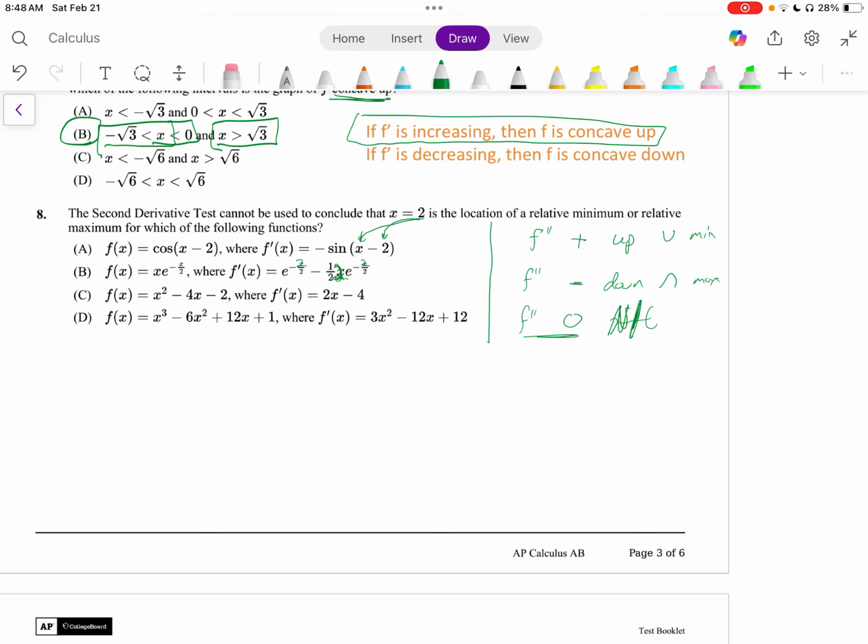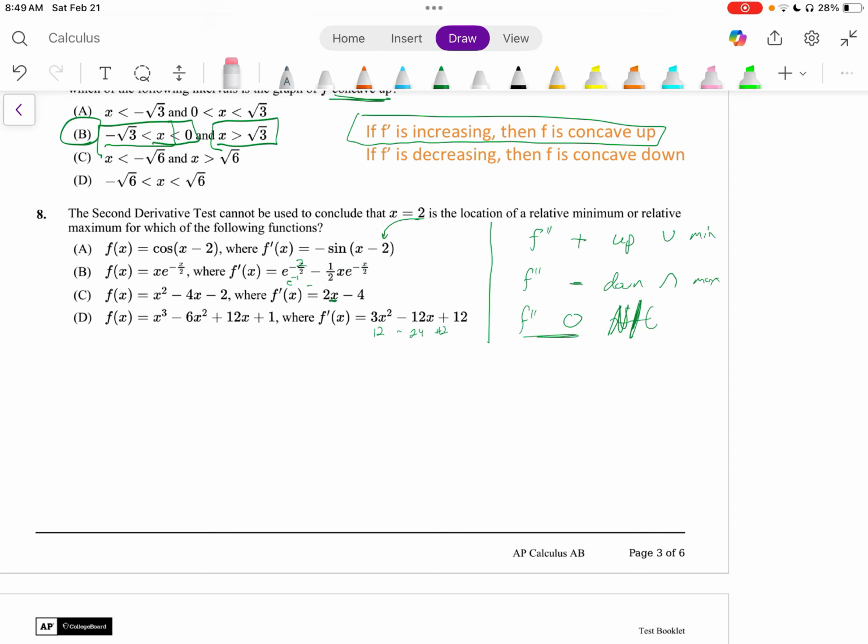So this is e to the negative 1 minus 1/2 times 2 that cancels, and then this would be minus e to the negative 1, so that's 0. Putting a 2 in here is really easy, that's 0. Putting a 2 in here, 2 squared is 4 times 3 is 12, minus 24 plus 12 is 0. So first derivative all equals 0, so they all check out.